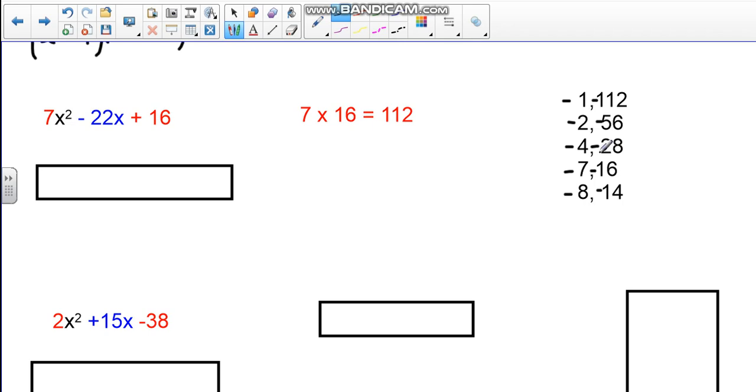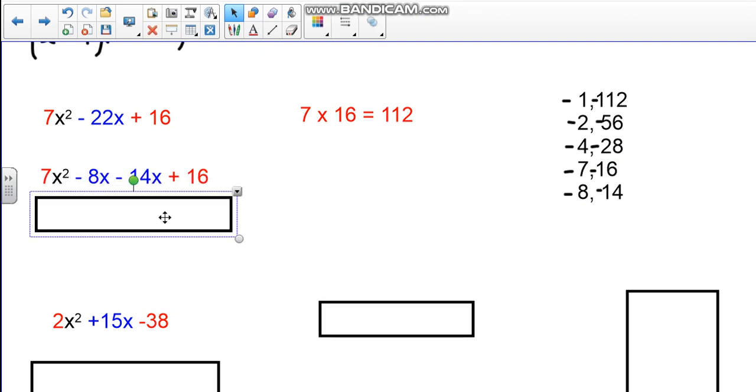So now I've got to look for these factor pairs and work out which one adds up to negative 22. So obviously these are going to be far too big. This one adds up to minus 32. This one adds up to minus 23, but it's minus 8 and minus 14 that add up to minus 22.